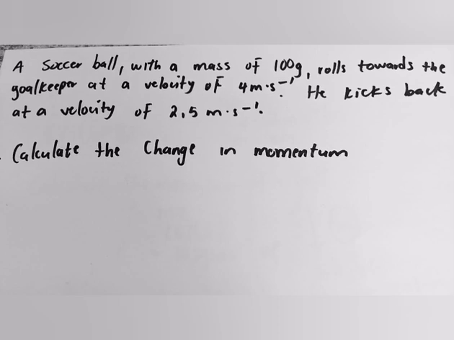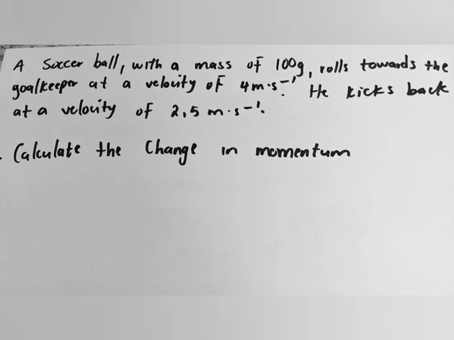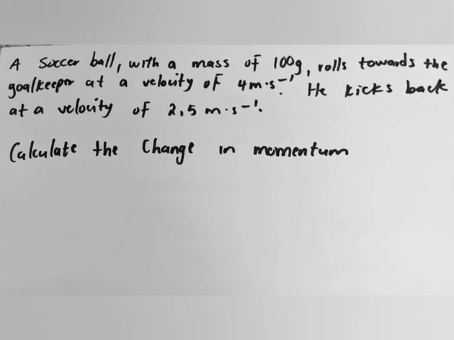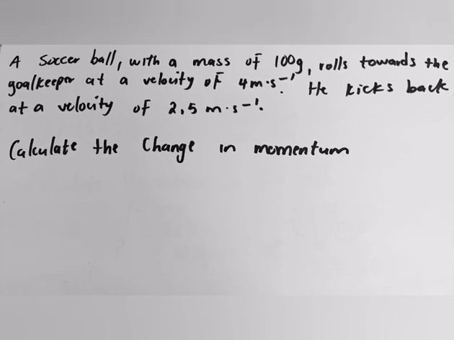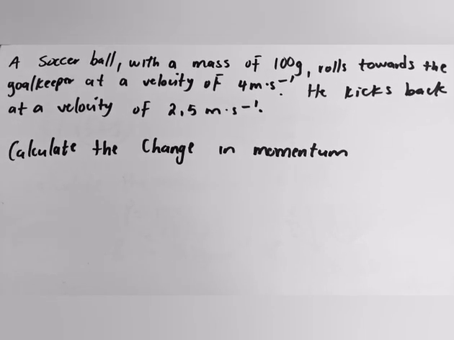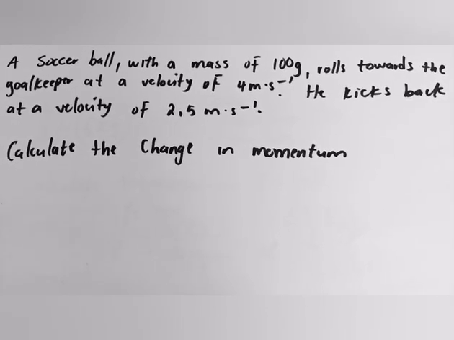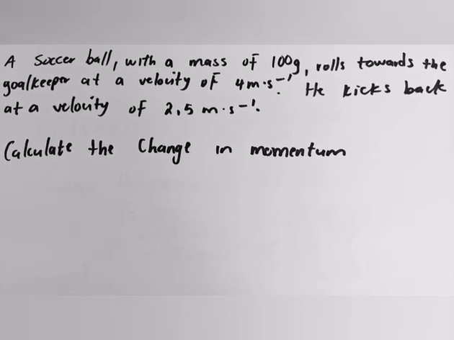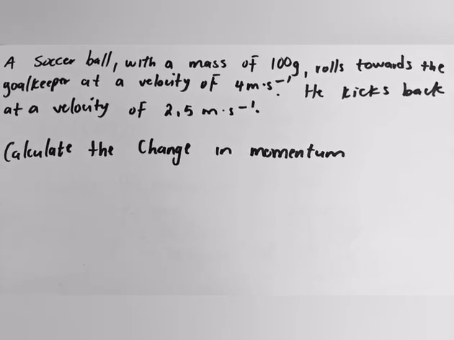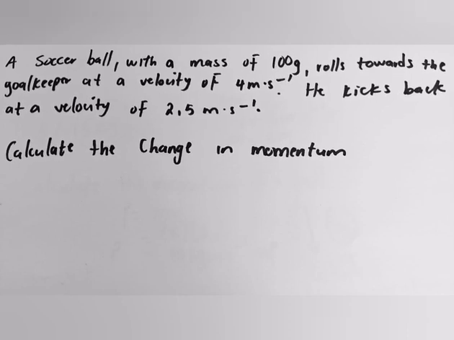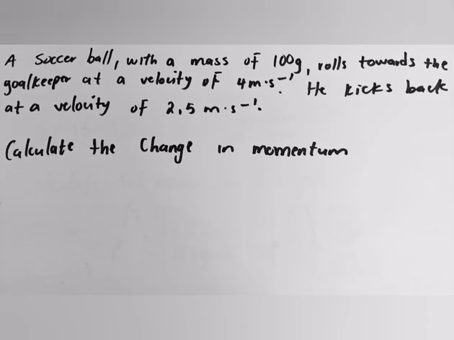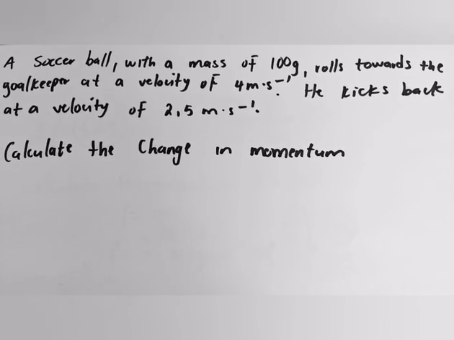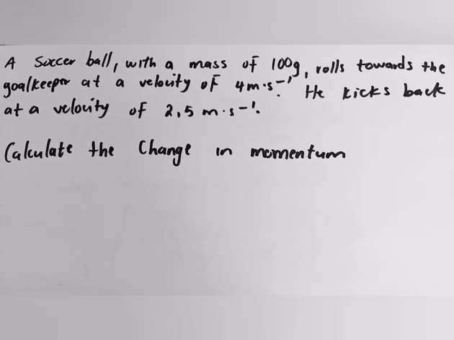Alright, a soccer ball with a mass of 100 grams rolls towards the goalkeeper at a velocity of 4 meters per second. He kicks it back at a velocity of 2.5 meters per second. Calculate the change in momentum. Collect your data. Since the mass is in grams, you convert it to kg by multiplying by 10 to the power negative 3.